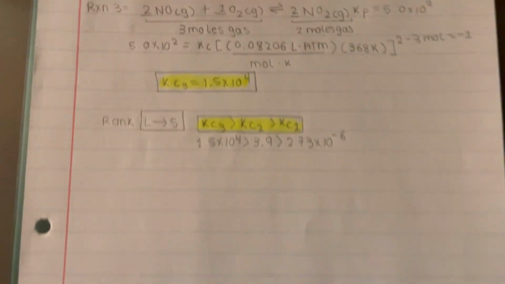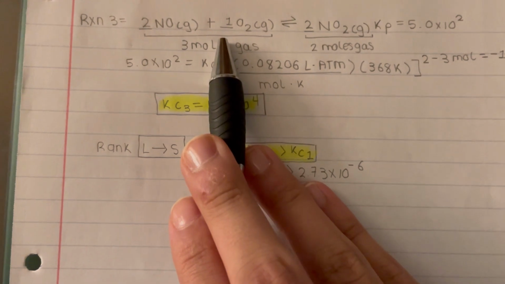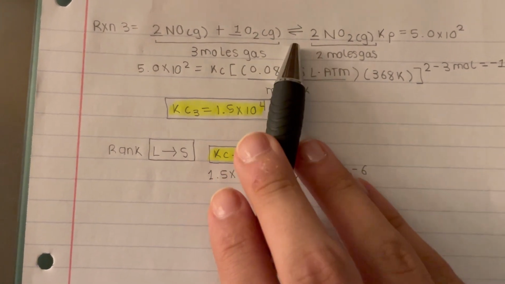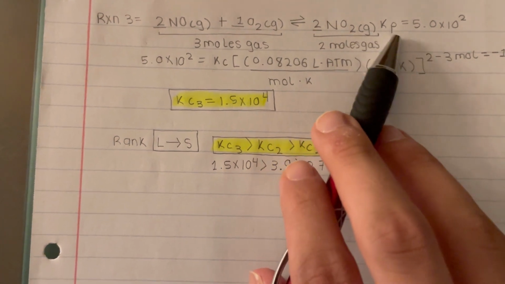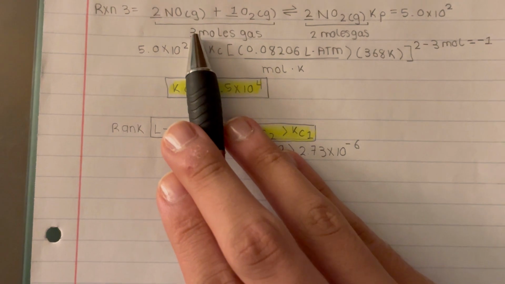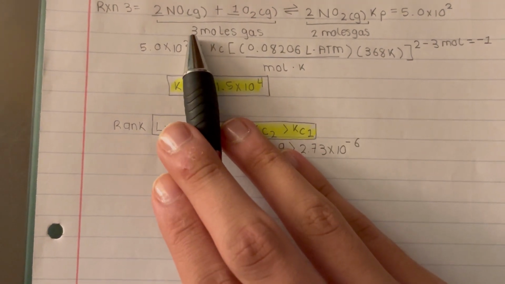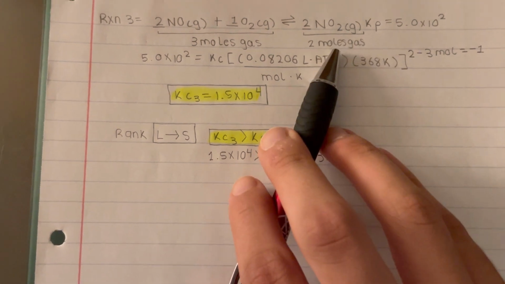For the third reaction, we have nitric oxide gas plus oxygen gas yields nitrogen dioxide gas, and the Kp value is 5.0 times 10 to the 2. After we balance the equation, we're going to see that there's going to be 3 moles of gas on the reactant side and 2 moles of gas on the product side.